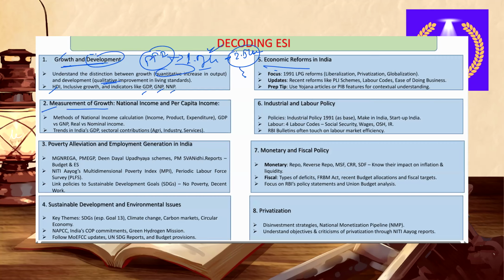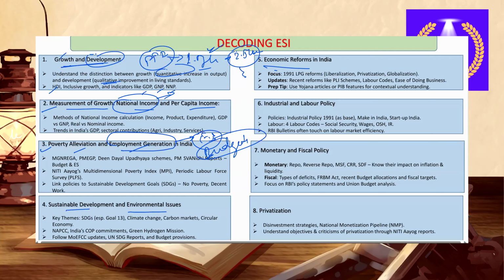Now the next part, measurement and growth, talking about national income, per capita income, and from budgetary documents also you can cover these things. Poverty alleviation, employment generation programs: we saw questions last year also, okay? So discuss various employment generation and poverty elimination programs. For last year's programs you can look into the Economic Survey, and for the future years you can go to the budget in order to cover those things, right?